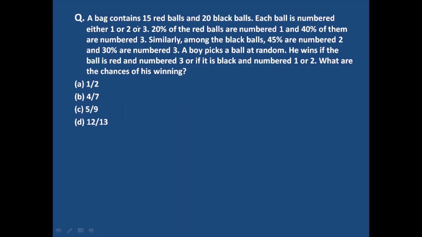Now the question is: a bag contains 15 red balls and 20 black balls. Each ball is numbered either 1 or 2 or 3. 20% of the red balls are numbered 1 and 40% of them are numbered 3. So we will just see the red balls.